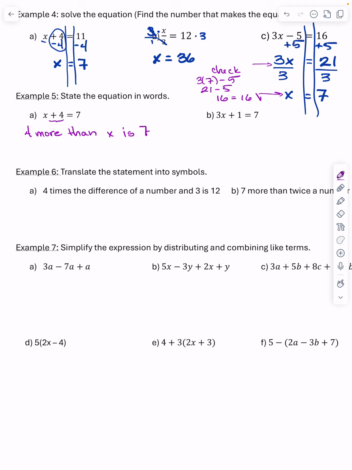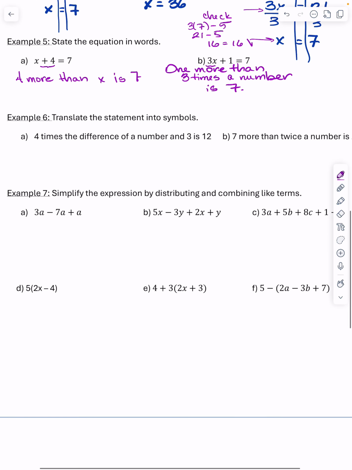B, 3 times x. I'm going to write it that way. 3 times a number, because we don't know what it is, plus 1, or it could do what I just did over there, 1 more than 3 times a number, is 7. Again, that equal is our is.